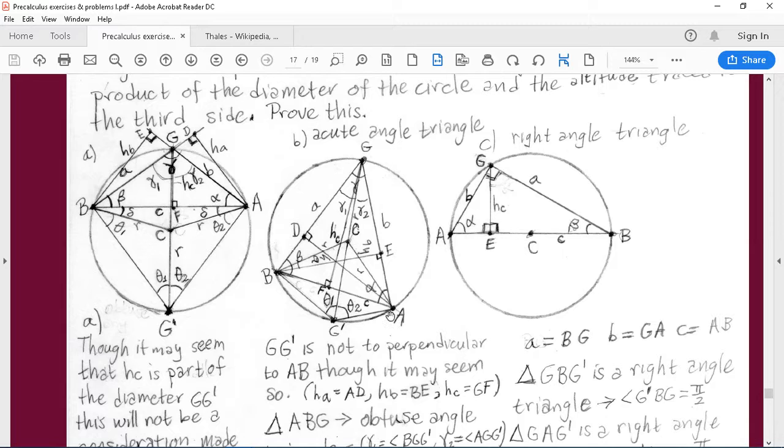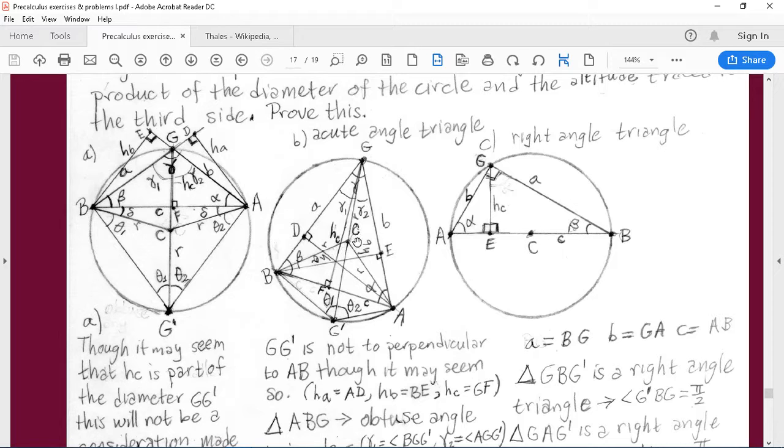Okay, so CBA equals beta minus gamma 1. That means beta, that means angle GBA minus angle GBC. Remember that GBC is gamma 1 because triangle CBG is isosceles, because side CG equals side CB. That means that both are equal to the radius of the circle. That means then that gamma 1 equals angle GBC.